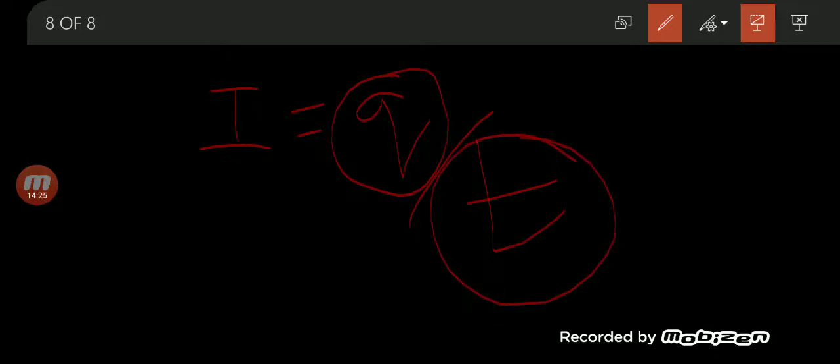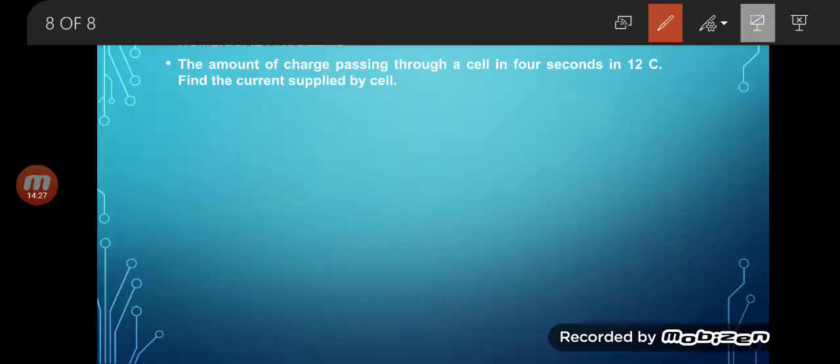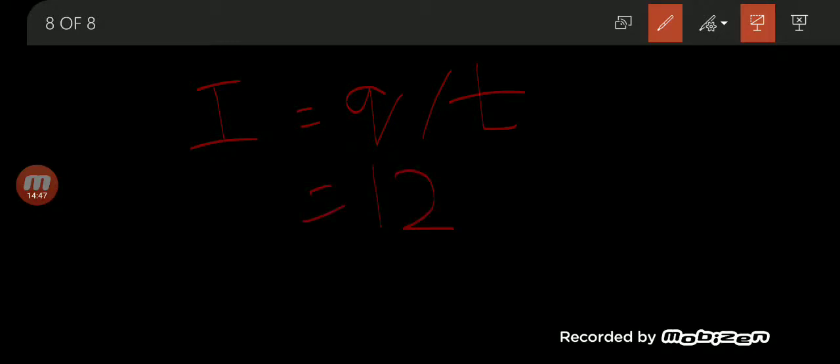I is equal to Q by T. Q is 12 coulomb and time is 4 seconds, and you have to find I. So I is equal to Q divided by T. Just divide 12 by 4.